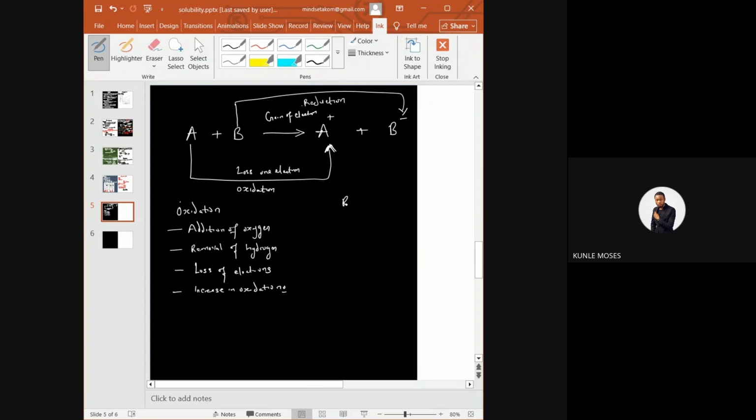So reduction, it is loss of oxygen or removal of oxygen, addition of hydrogen, gain of electron, and decrease in oxidation number.